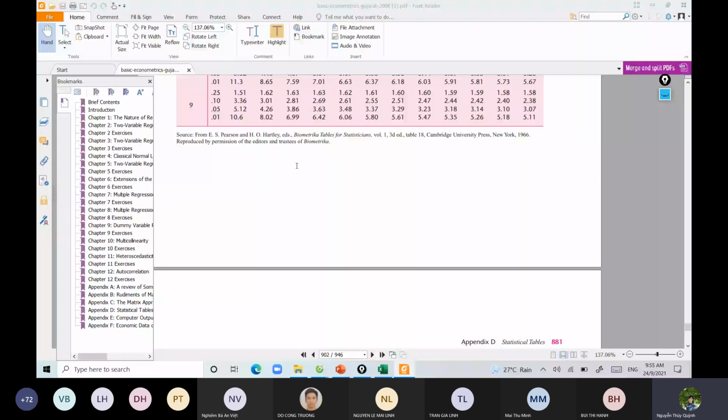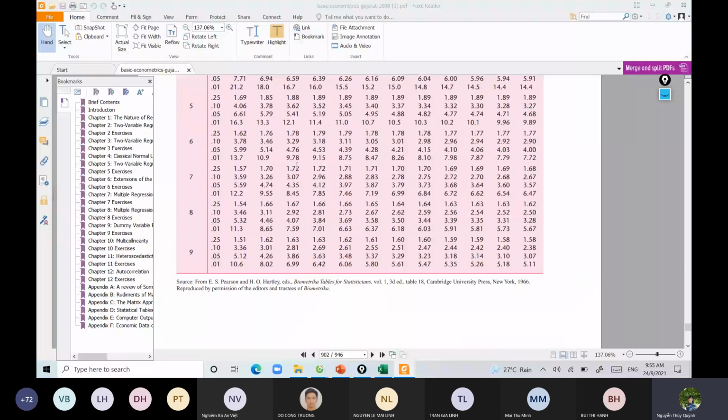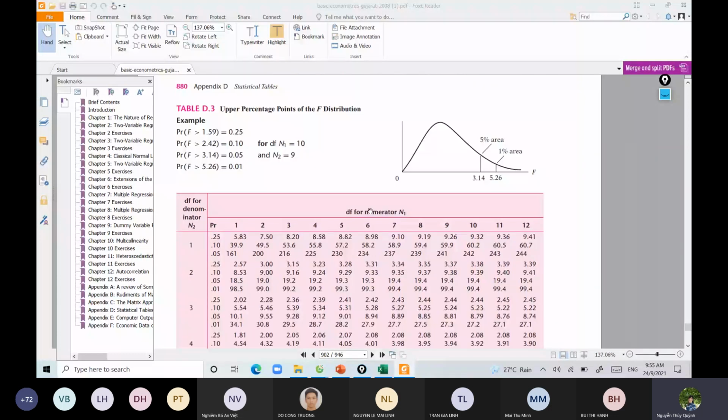So here we have the degree of freedom for the numerator N1 in these rows, and the column here is the degree of freedom for the denominator.